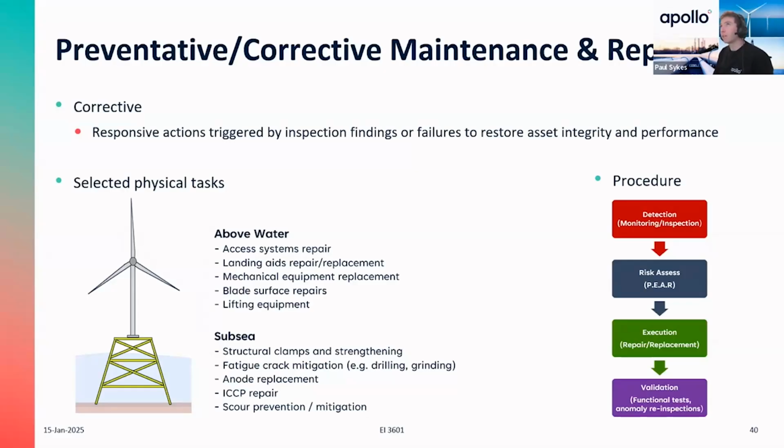The guidance is clear that the corrective work should follow a structured flow: detection, then risk assessment, execution, and validation stages. Whilst these are all important, I want to say the last step is key in confirming the repair is effective through reinspection, to ensure that the risk is resolved and controlled.